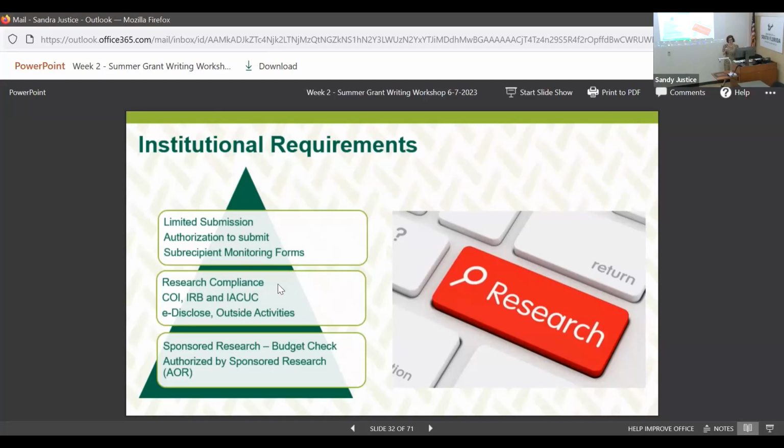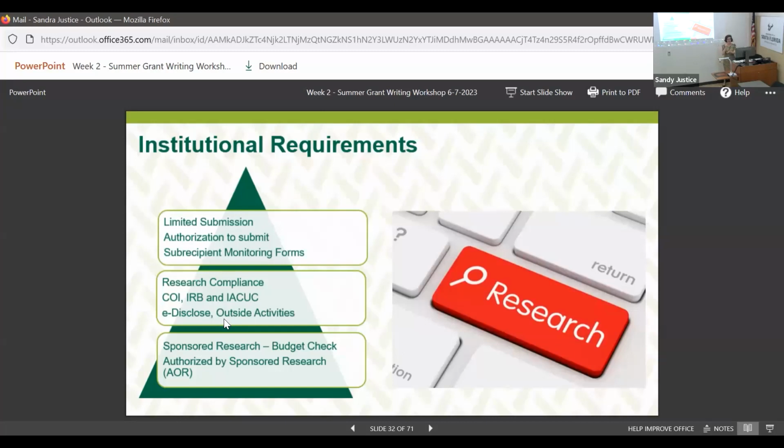Authorization to submit. If you're submitting to a federal sponsor or a state sponsor, it will say within your guidelines that the application will be submitted by the AOR, your authorized sponsored research person. Now, universities, that is always the president. Do you think the president is sitting there going click, click, click for 300 proposals every month? They are not. It's delegated to sponsored research, which is why universities have a sponsored research office.